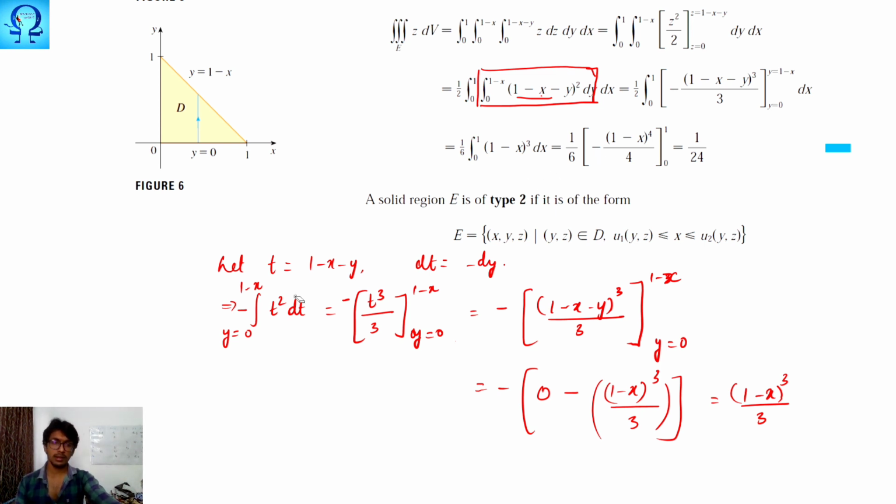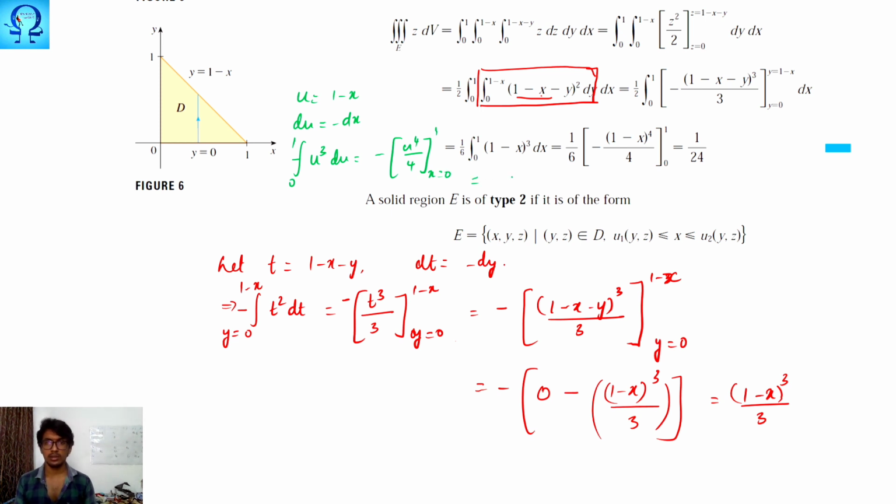Why are we getting minus here? If you again go for a substitution method, that is, if you take u to be 1 minus x, then your du would be minus dx. So integral 0 to 1 u cube minus du is minus times of u power 4 upon 4 over the limit x equal to 0 to 1.